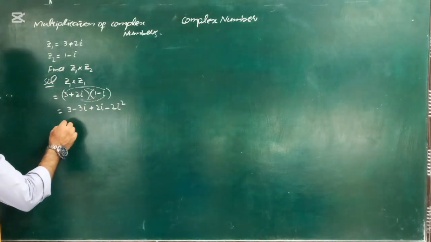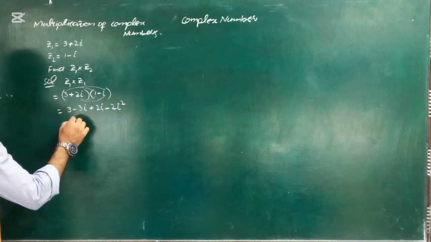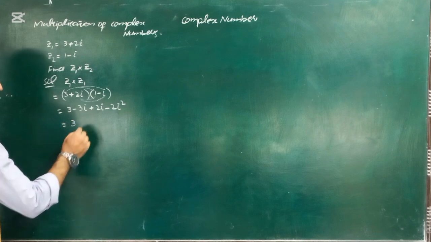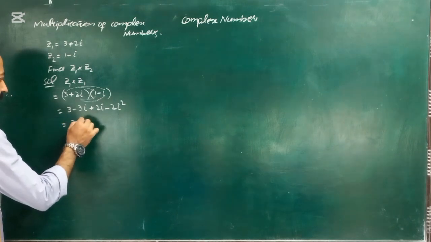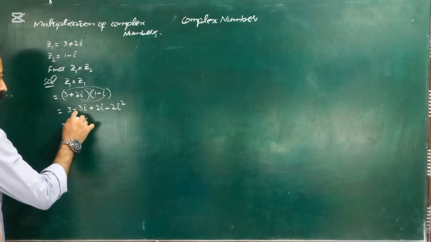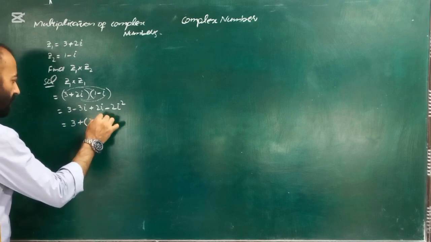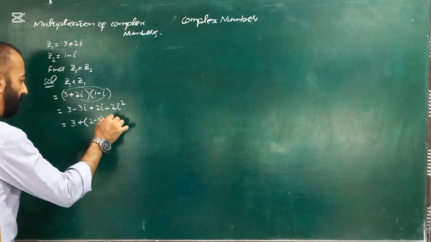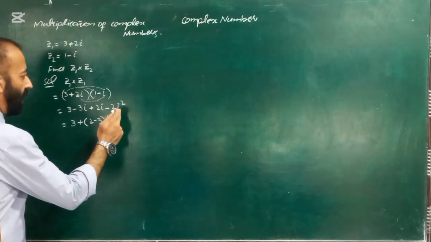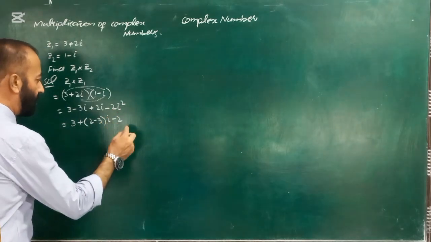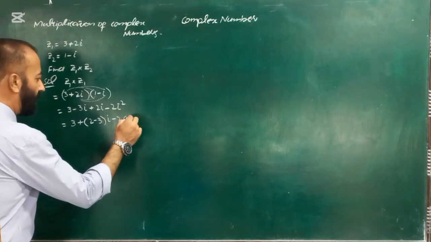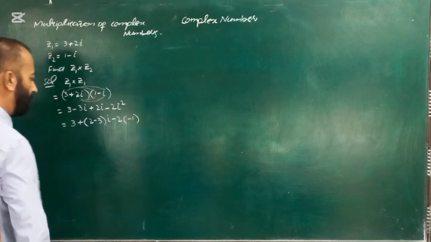In the next step, you can see the 3, and from here plus 2 minus 3 will be put in the bracket and iota will be taken as common, and from here minus 2 is as it is and iota square is minus 1.